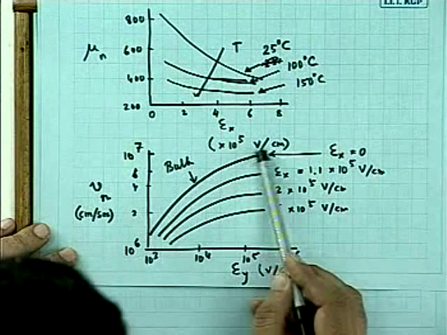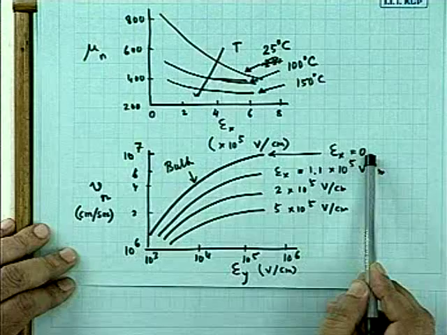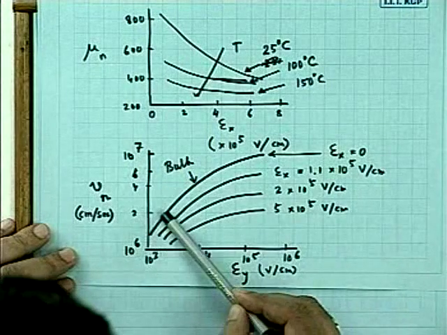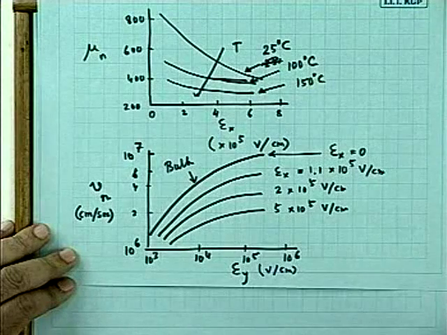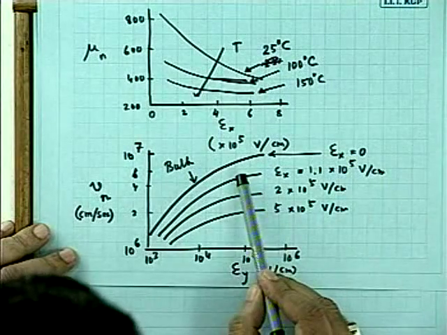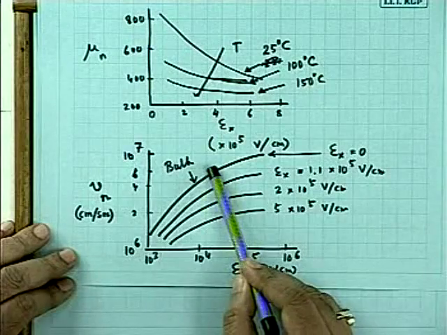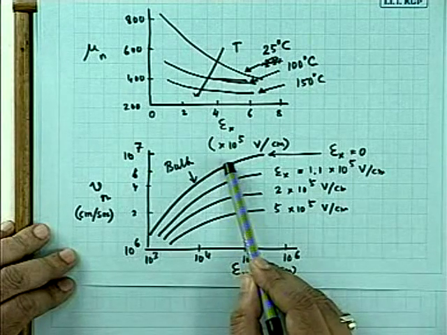For the bulk material, when there is no question of a normal component of electric field, the velocity gradually saturates. You may remember for silicon, the saturation starts somewhere around 10 to the power 4, about 10 kilovolt per centimeter. Then it gradually saturates about 20, 30, 40 kilovolt per centimeter.